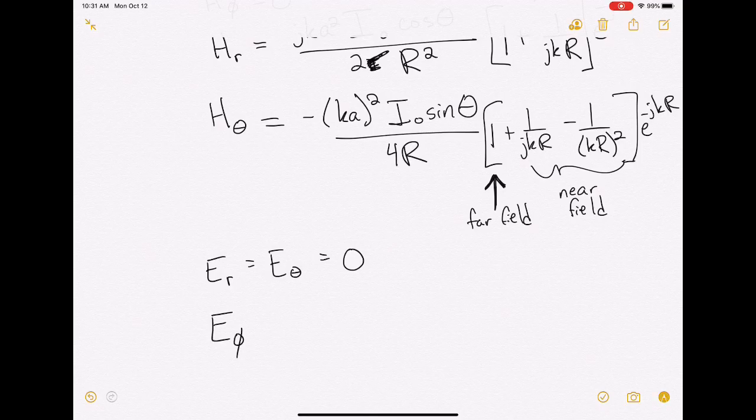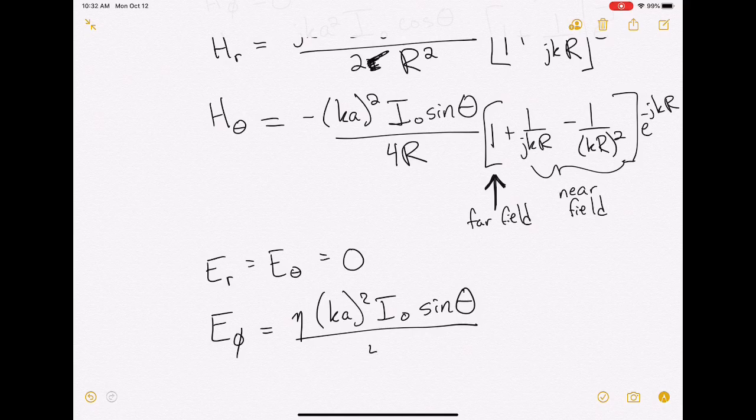E phi is eta times k a quantity squared I naught sine theta over 4r times 1 plus 1 over j k r e to the minus j k r.